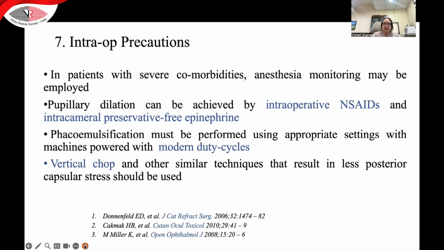Intraoperatively, patients might have severe comorbidities, so you may prefer to have monitoring under anesthesia wherever possible. For pupillary dilation, you have to be ready with intracameral preservative-free epinephrine. Phaco should be performed with machines which are powered with modern duty cycle, and techniques like vertical chop may be used because they cause less posterior capsule stress.